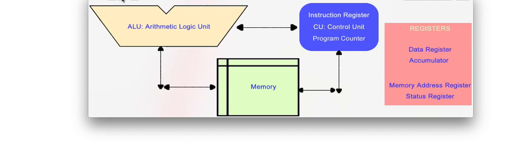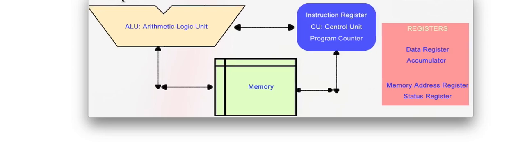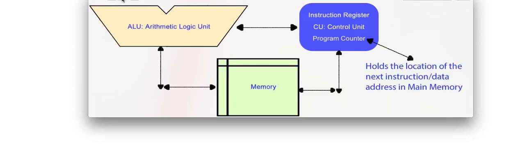The next register that we're going to look at is something called the program counter. Now, misconception: the program counter does not count programs by any means. The program counter has a very specific purpose, and that purpose is to hold the location in RAM, or immediate memory, or main memory. These things go by different names, but they all mean the same thing.